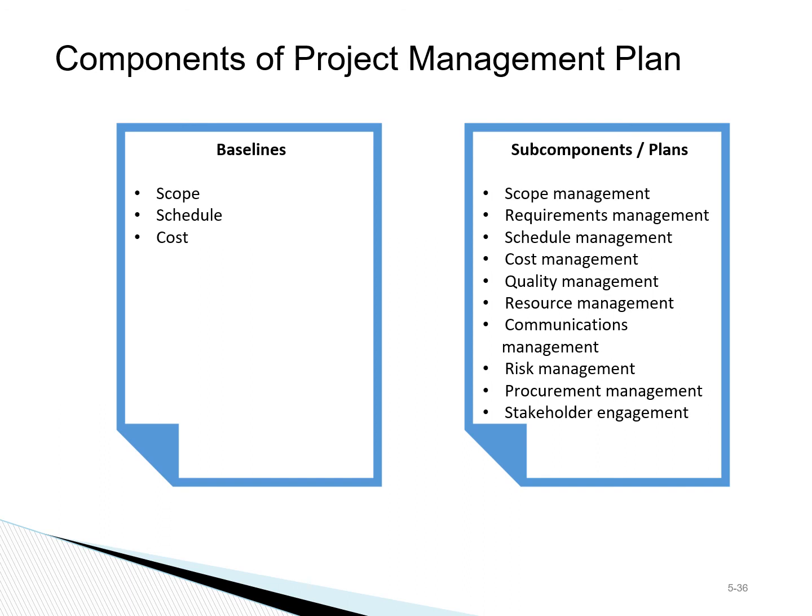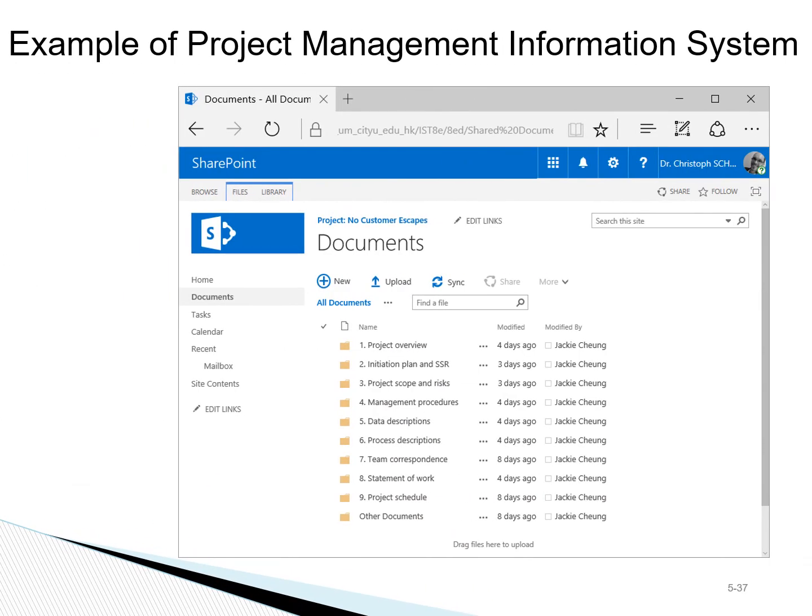They also lay out plans for managing scope, requirements, schedule, cost, quality, resources, risk, procurement, and stakeholders. By the way, you recall that we have already discussed stakeholder management in the previous chapters. We also need to establish which information system we will be using for managing projects. This is an example of SharePoint, and how it's used for managing project documents.